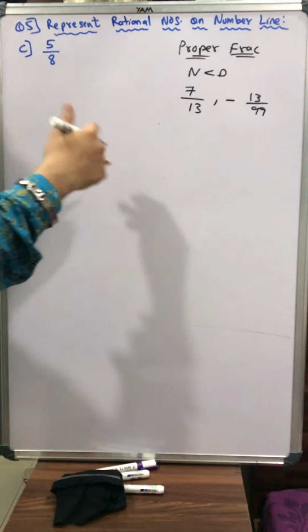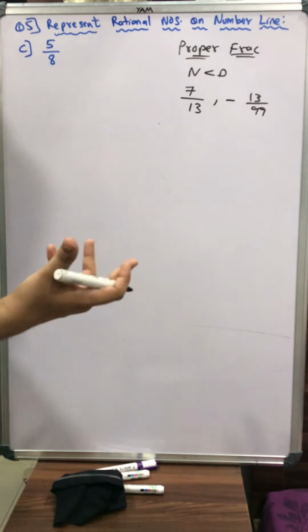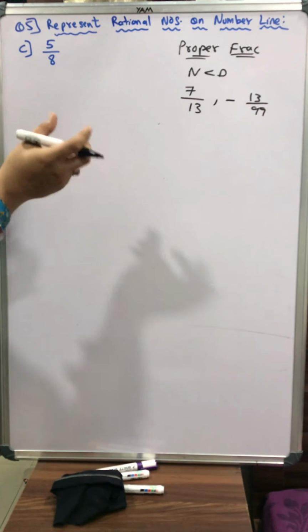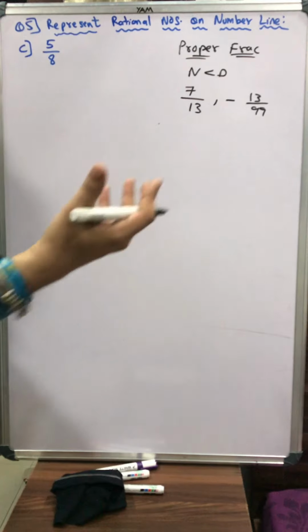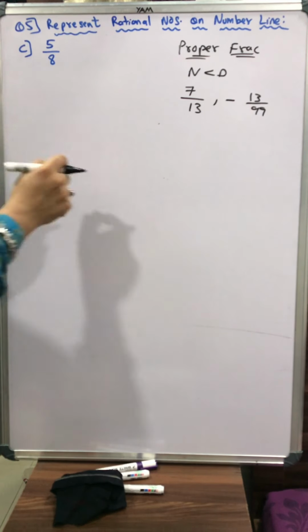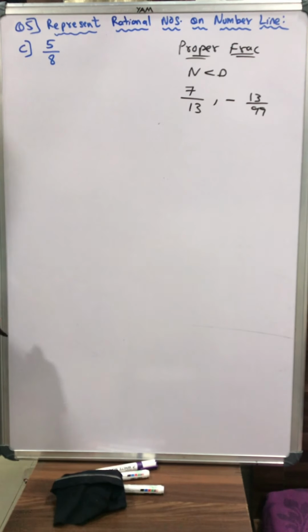So in this, the first step is, it's not a step, it's a fact that always a proper fraction will lie between 0 and 1 or between 0 and minus 1. If the fraction is positive, it will always lie between 0 and 1. If the fraction is negative, it will always lie between 0 and minus 1.